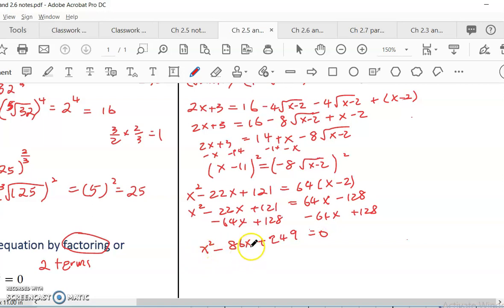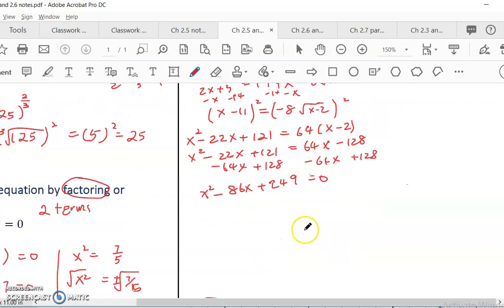So this is something that you can do, maybe completing the square because this is even, right? Or you can do factoring, but this number is so big, how do you factor? So I'm going to use a shortcut method, which is graphing.